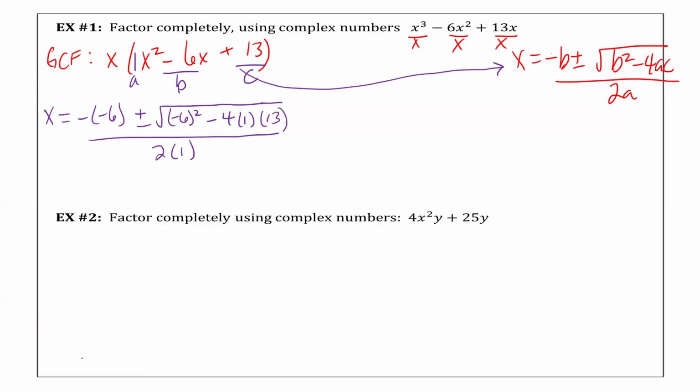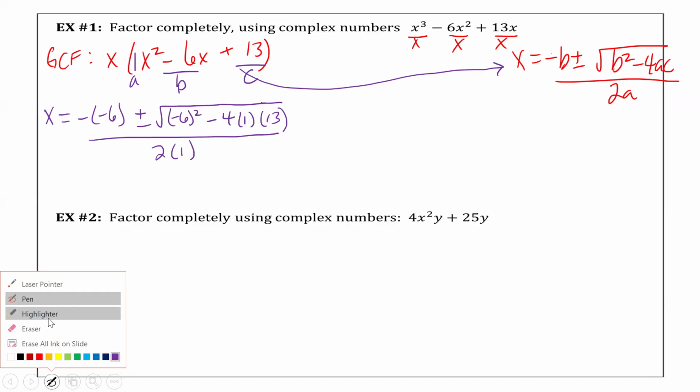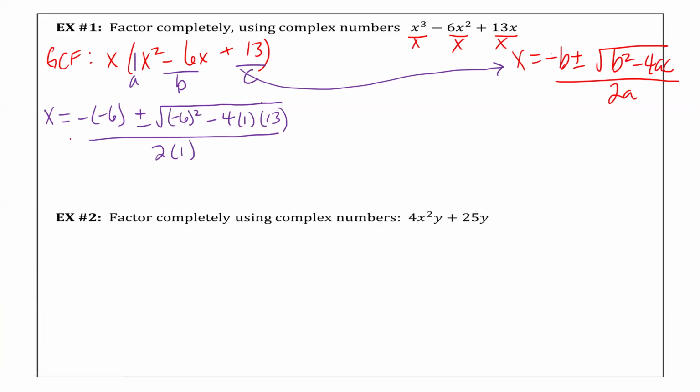All right, so now you just got to do the little operations and clean this up a bit. So we're going to get x equals a negative times a negative is a positive. Underneath the square root, we have -6 squared is 36. -4 times 1 is -4. -4 times 13 is what? -52.